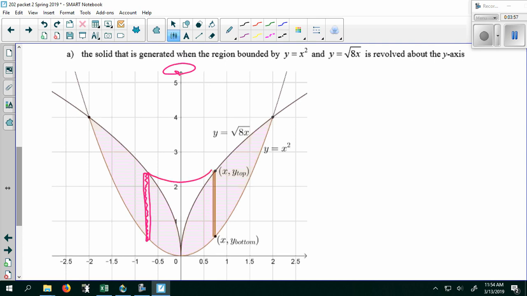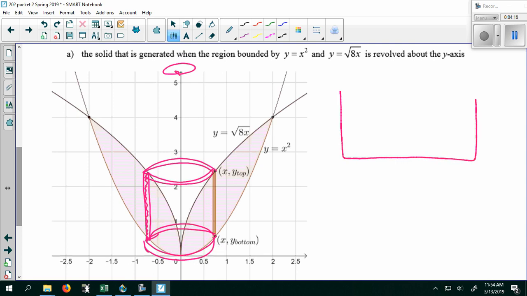So I'm going to connect that and like that. Okay. So you can see the cylindrical shell, and when you unravel that shell, you're going to get a shoebox. Unroll it, and you get a really skinny rectangular box.